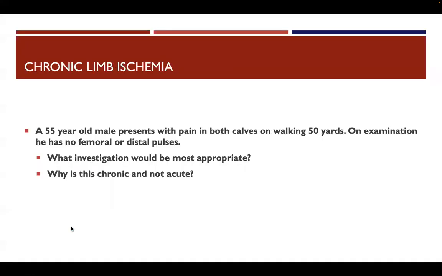So chronic limb ischemia. Often you'll find the presentation goes something like this. A 55-year-old male presents with pain in both calves walking 50 yards. And then you notice in your examination that he's got no femoral pulses or no distal pulses. And what you'll be asked is, what investigation do you want, doctor? And is this chronic or is it acute?